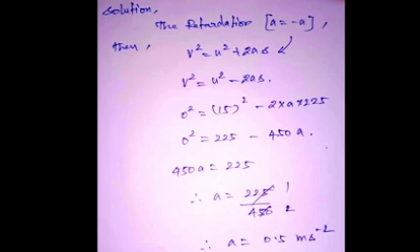Since 15 square is 225, minus 2 into 225 is 450, therefore we get 450a. Then the minus 450a moves to the left side and becomes plus 450a equal to 225. Since we need only the a value, a equals 225 divided by 450, and cancelling, we get 1 by 2. Since 1 by 2 is 0.5, the acceleration, that is retardation a, is equal to 0.5 meter per second.